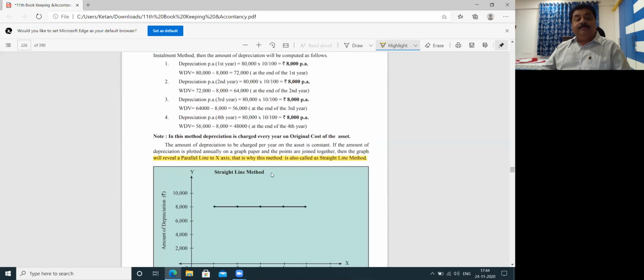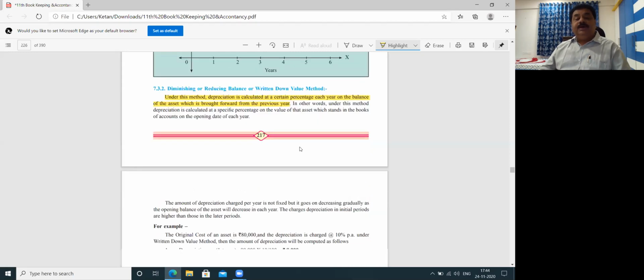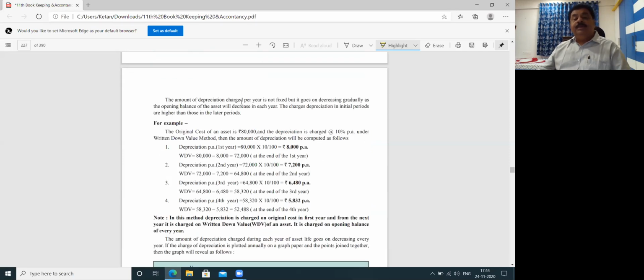इथे बघा, let us compare. In the fixed installment method, the depreciation is calculated on the original cost of the asset every year. But in this method, we are calculating the depreciation on the balance of the asset, that is on the written down value after charging depreciation. The amount of depreciation charged per year is not fixed.